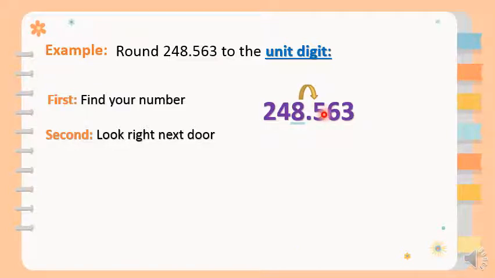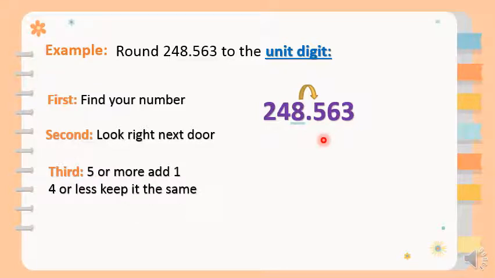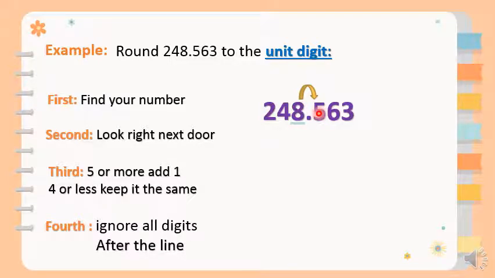We said that if it's 5 or more, we add plus 1. If it's 5, 6, 7, 8, or 9, we add plus 1 to the underlined digit. If it's 0, 1, 2, 3, or 4, we keep this digit the same. So here it's 5. So we add plus 1 and we ignore these digits to the right.